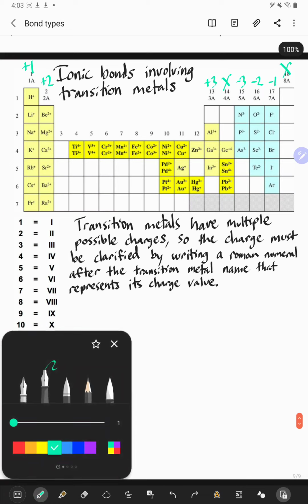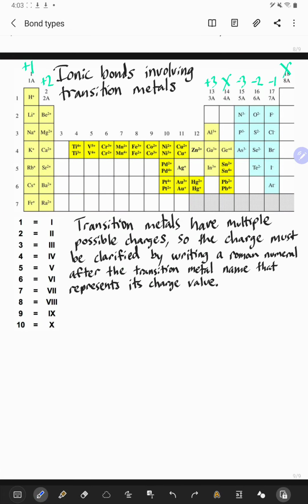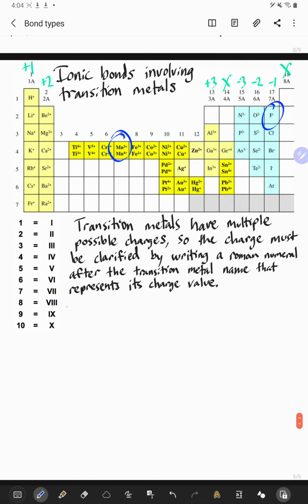So let's do our first example. Let's do manganese and fluorine. So let's look at a bond between manganese and fluorine. First of all, let's start with a name. The naming is going to be the same as any other ionic compound, with slight differences.